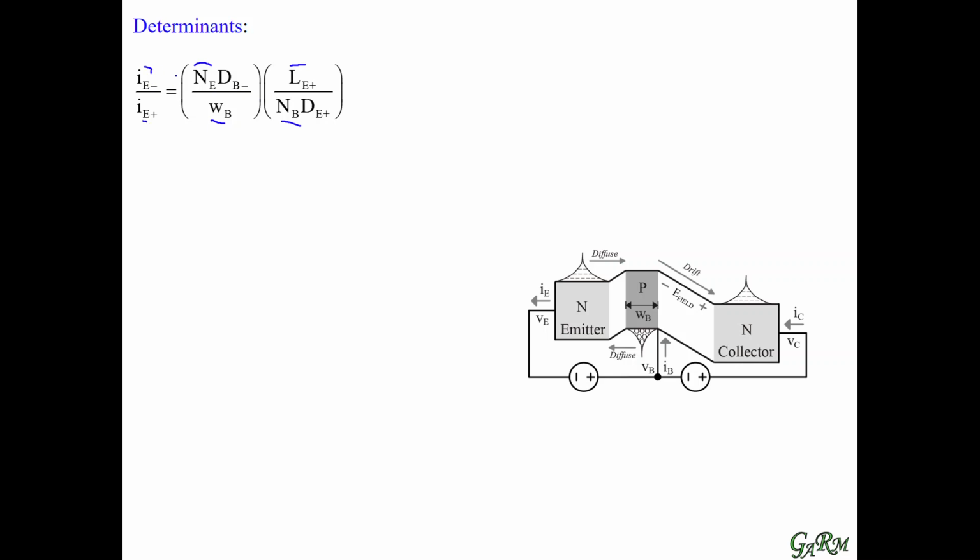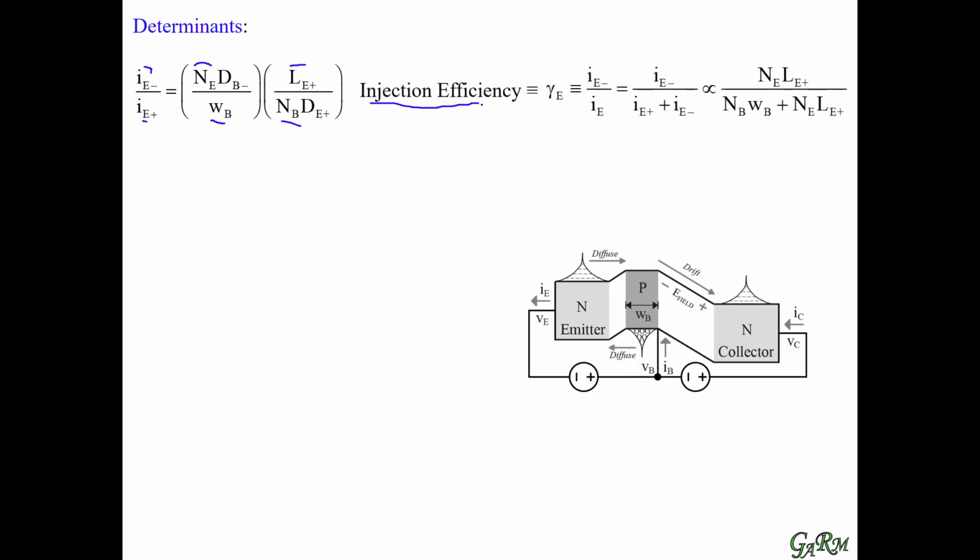So that's a pretty good ratio, because that means most of the current is going from end to end. So here's what we call injection efficiency. Of the current that we're letting out of the emitter, how much of that current is actually reaching the collector? The one that is reaching the collector is the electron current, and the emitter current is comprised of two components, the hole and the electron current.